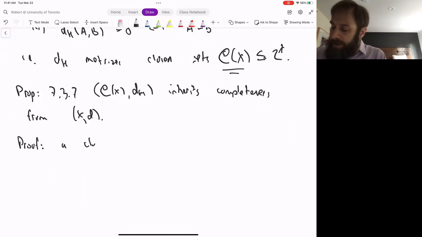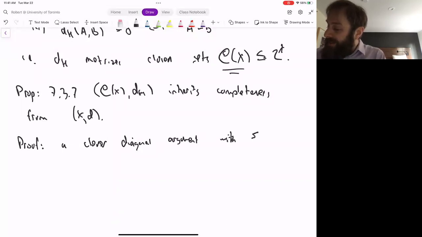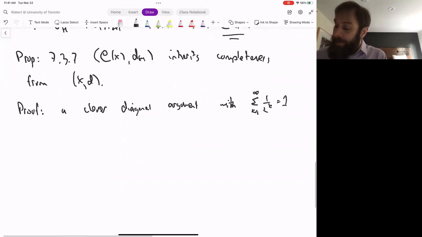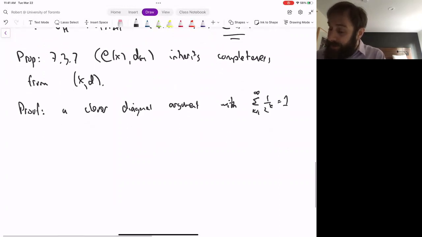It is a clever diagonal argument, and the fact that the sum over k of 1 over 2 to the k is finite. So let me say a bit more. What does it mean for this to be complete?